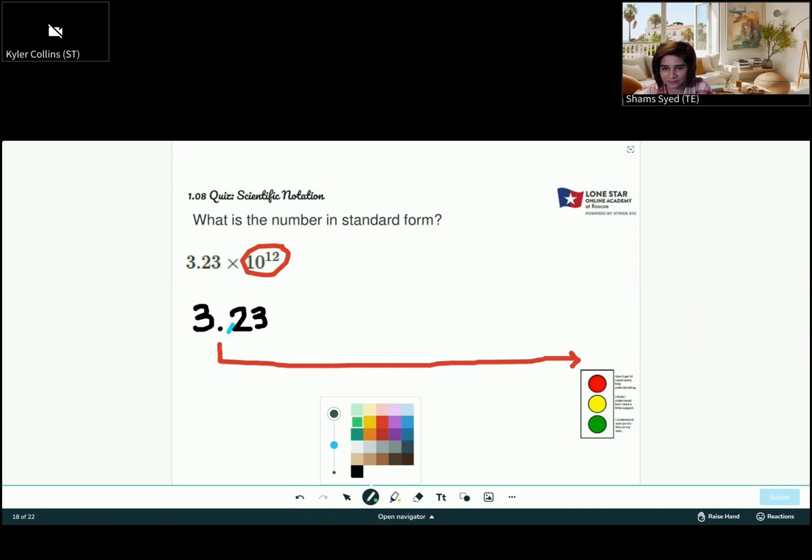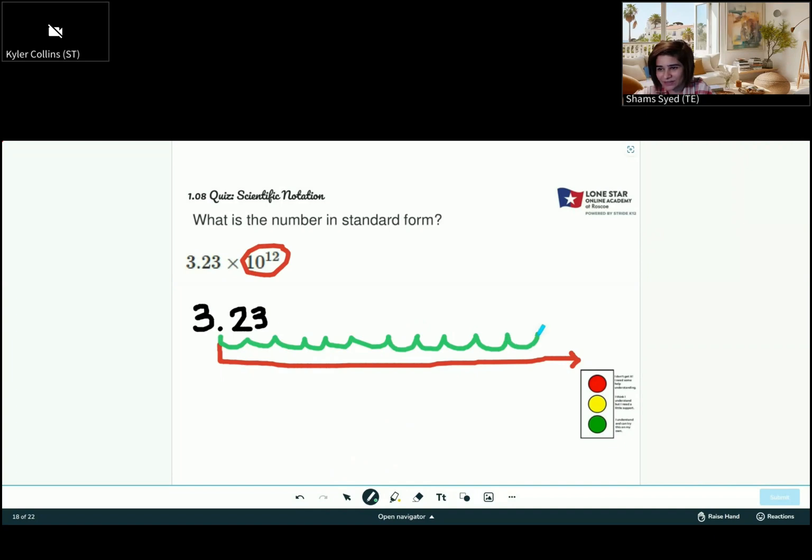So let's see. I moved 1, 2, 3, 4, 5, 6, 7. My mouse doesn't even allow me to go all the way. 8, 9, 10, 11, and 12. This is the new decimal. I'm going to fill in some zeros. And we will put some commas.